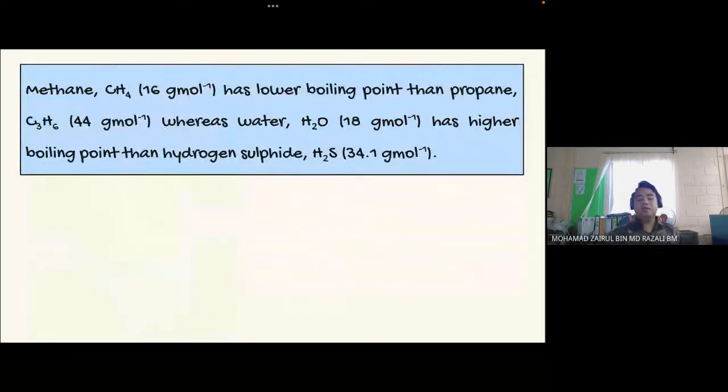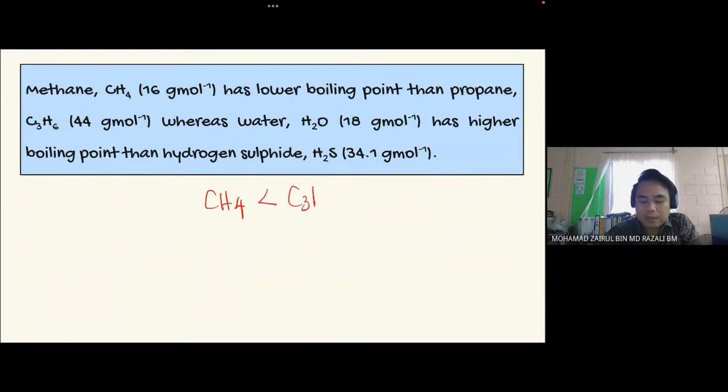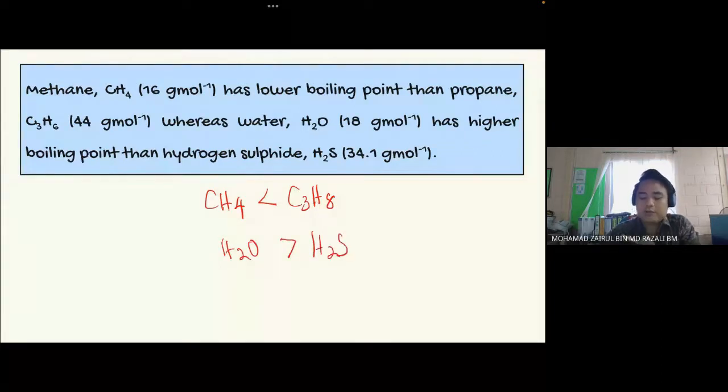Now, methane, look at the question. This is a tutorial question, if I'm not mistaken. Methane has a lower boiling point than propane. So methane's boiling point is lower than propane's. And the boiling point of water is greater than the boiling point of hydrogen sulfide. Why?